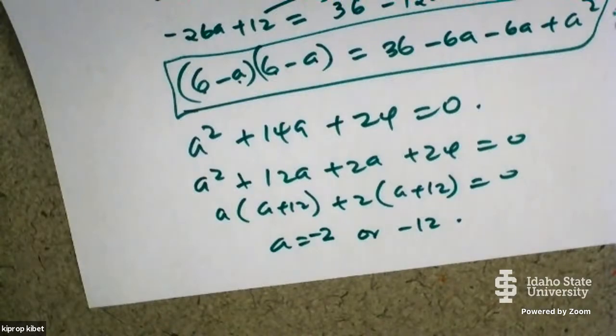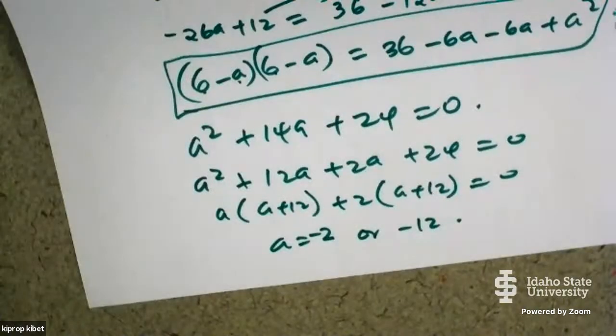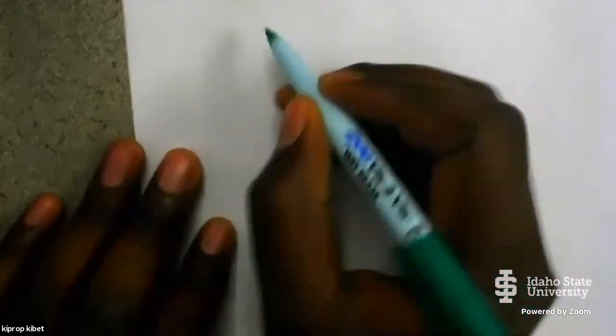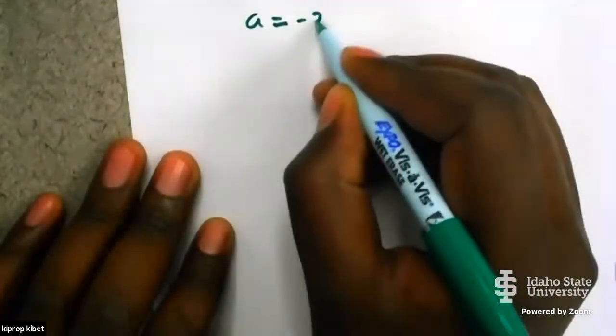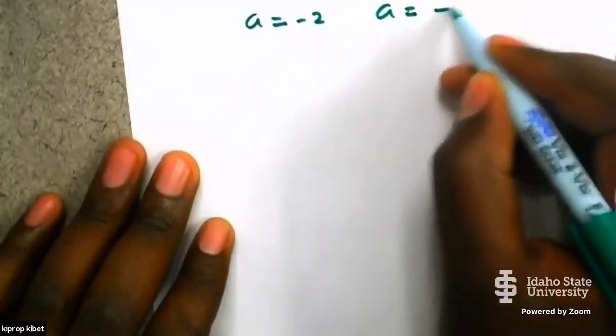So you need to go back now and prove. You need to go back to the original equation and prove which one is the solution, between minus 2 and minus 12. So we have a equals to minus 2 and a equals to minus 12.